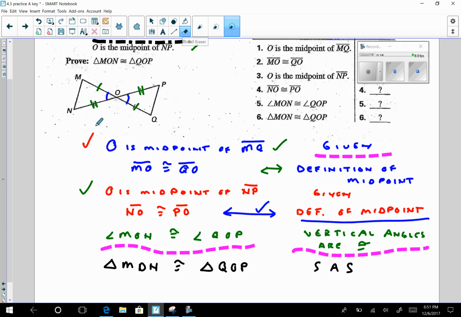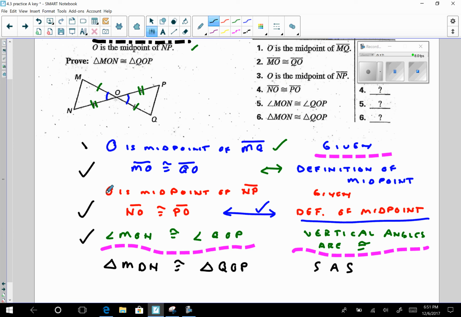Now, I think it's going to be fairly clear that I can make the statement that triangle MON is congruent to triangle QOP. Why? Because I have side, angle included, and another side.